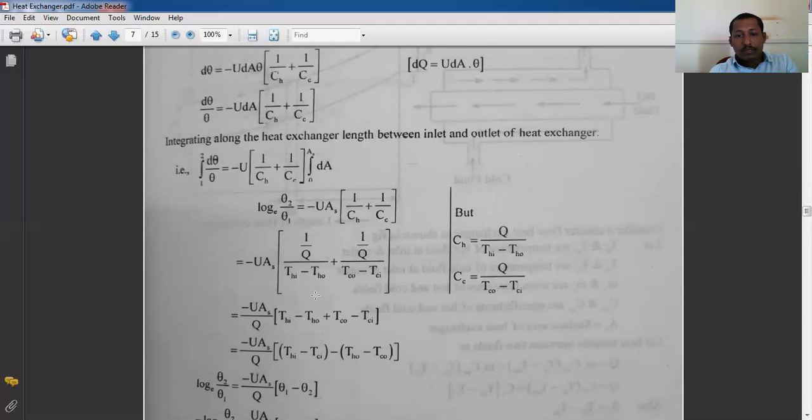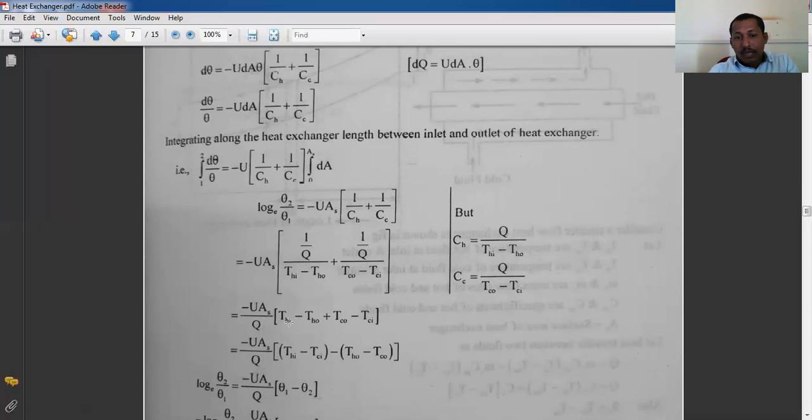Now rearrange the equations. So the denominator will go to the numerator. 1 by Q you have to take as a common term, minus U As divided by Q. So Th naught minus Thi, plus Tc naught minus Tci. So I can write here inlet temperatures one side, outlet temperatures one side.